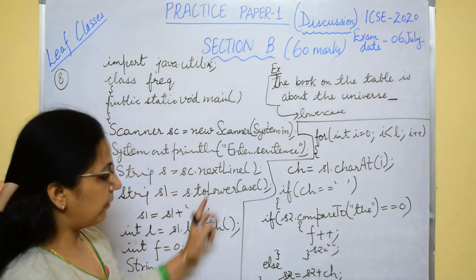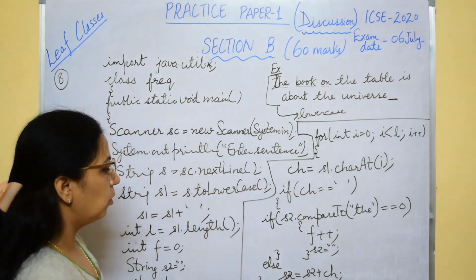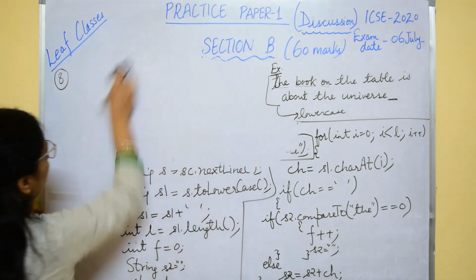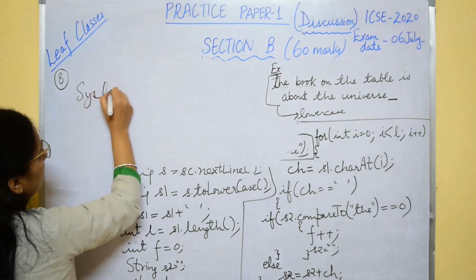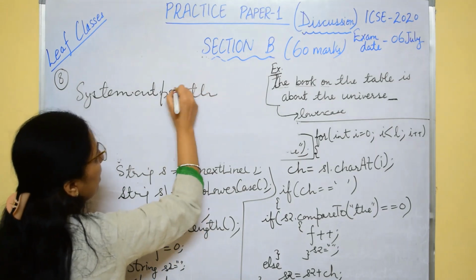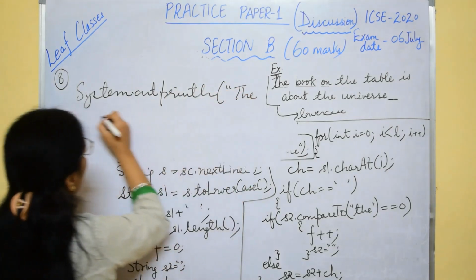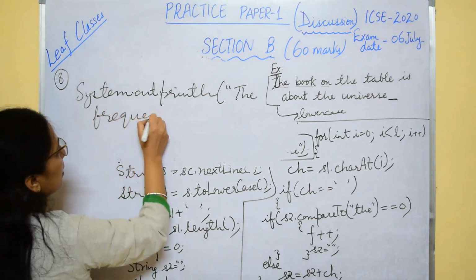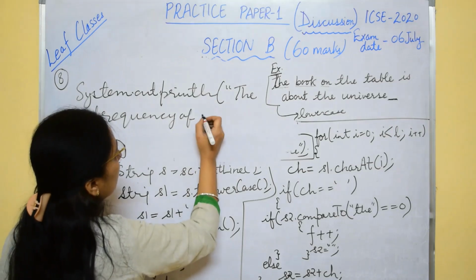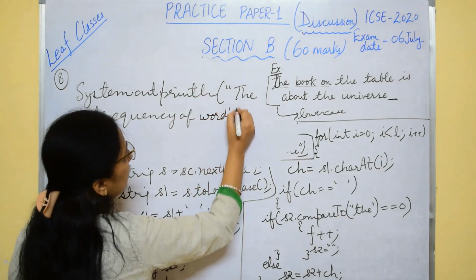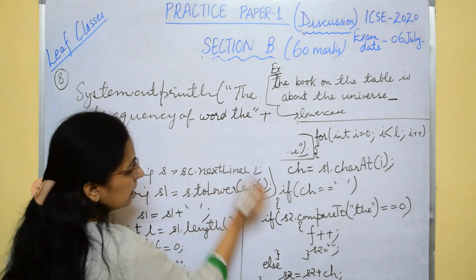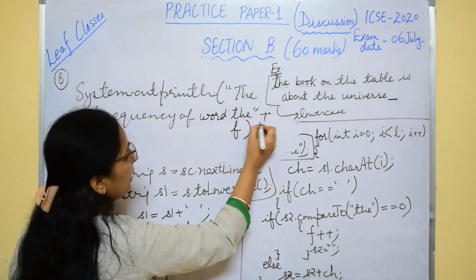Then after completion of this entire loop, you will display the frequency of the word: System.out.println, "the frequency of word the" plus, in the f variable you have the count.